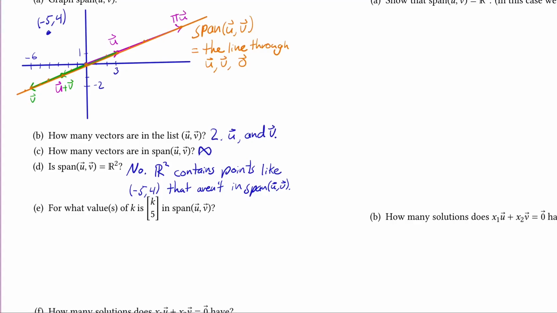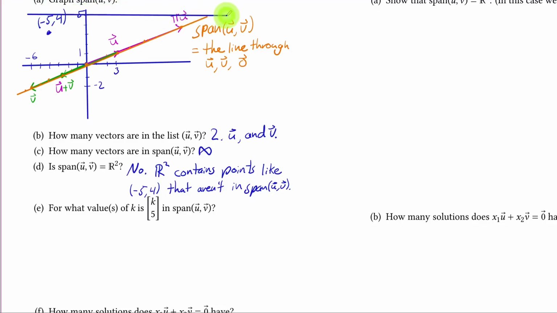Let's look at E. For what values of k is the vector (k, 5) in the span of u and v? Well, we could try to get an idea of this by looking at the graph. Any point of the form (k, 5) is going to be somewhere on a line that goes horizontally from here.